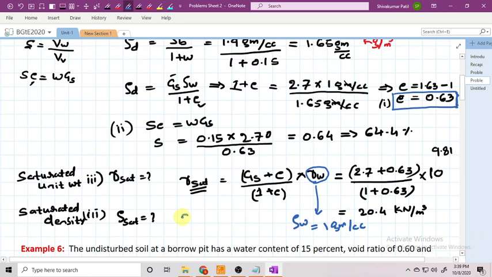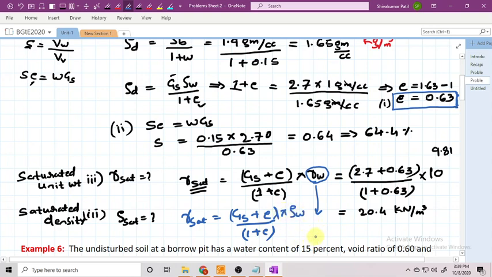So let me write it properly: rho sat equals GS plus E divided by 1 plus E, into density of water.